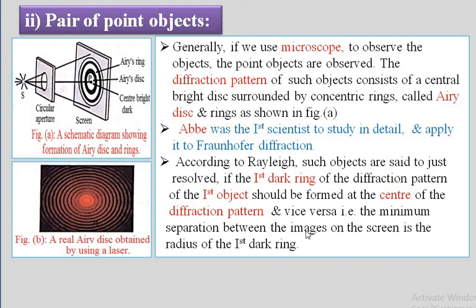That is, the minimum separation between the images on the screen is the radius of the first dark ring.